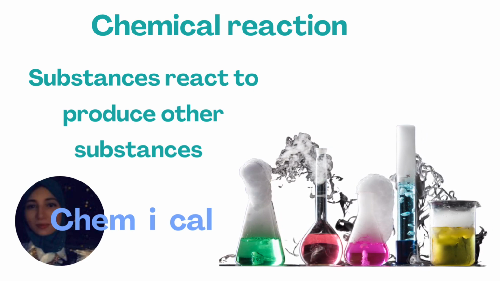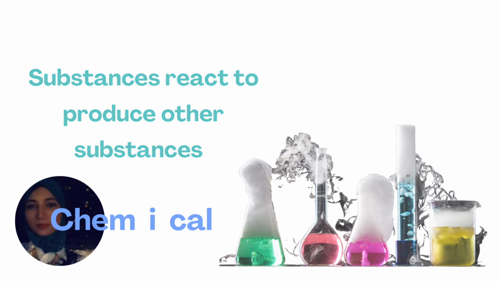What's the meaning of chemical reaction? Substances react to produce another substance different from the first ones. This is a chemical reaction. Some chemical reactions can produce light, and this happens in the body of the firefly beetle.